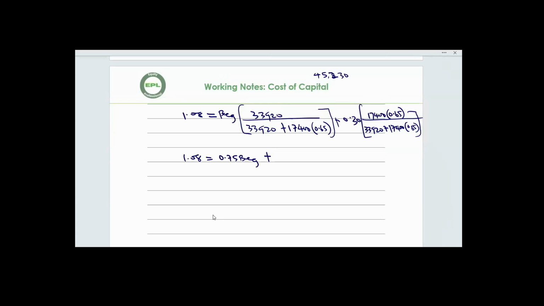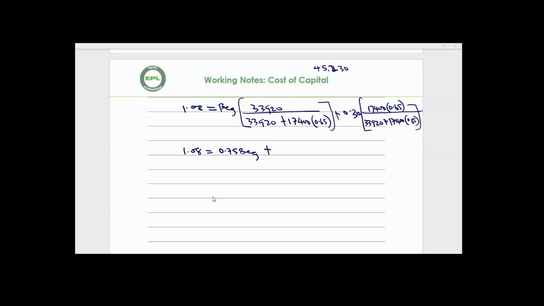Okay, so here will be 17,400 multiplied by 0.65 equal, then divided by 45,230 equal, multiplied by 0.3.